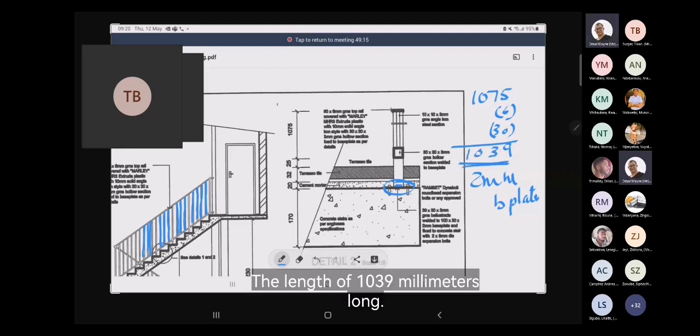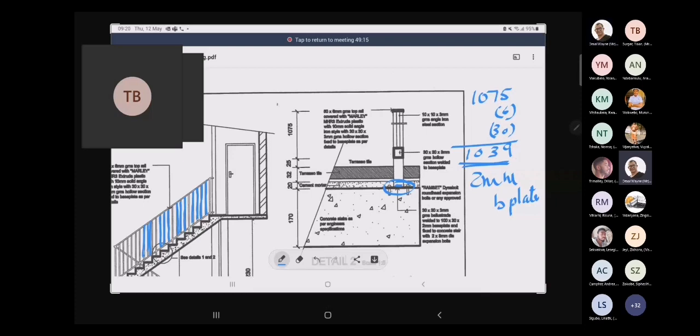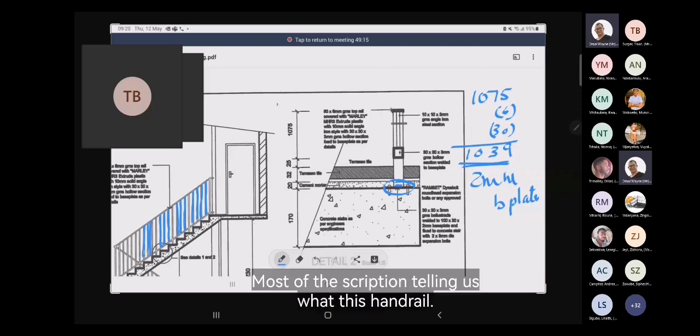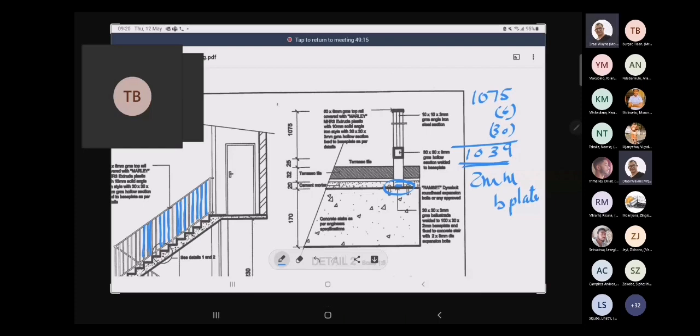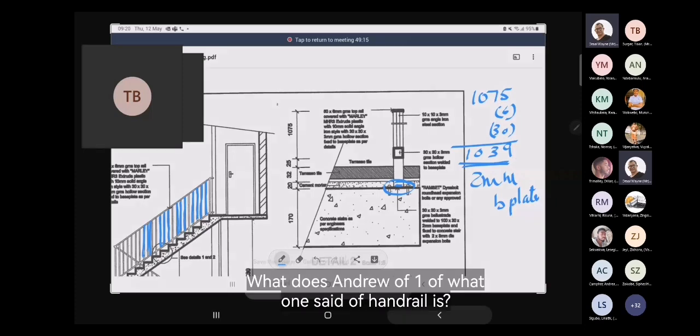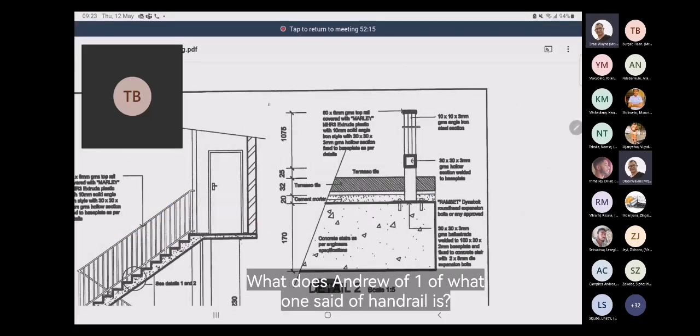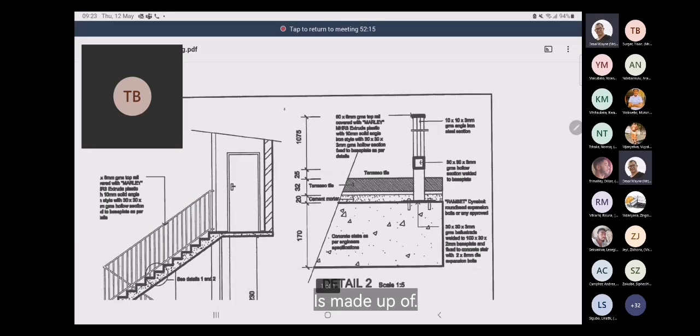A length of 1039 millimeters long at 125 millimeter centers, and that all is welded between the top and the bottom rails, including the welding and the bending. And that's a description telling us what one set of this handrail is made up of.